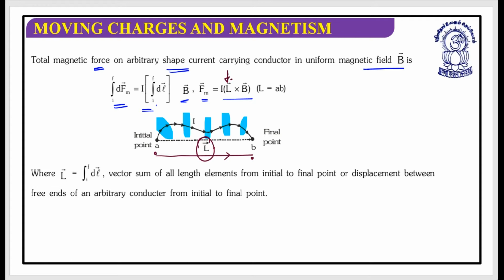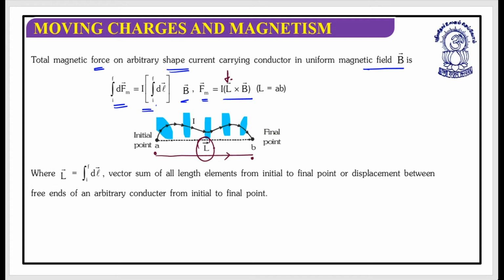So you are going to have a straight wire when the wire is of a certain arbitrary shape, and you are going to take the initial position to the final position as its effective length.